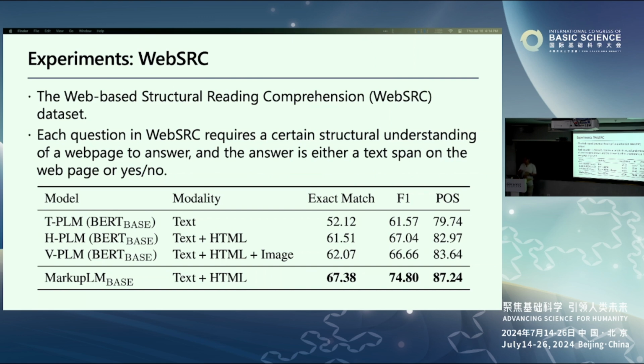Each question requires a certain structural understanding of the web page to answer, like the answer should be from the HTML, or yes or no. Compared with previous work, we only use text and HTML, and we don't need to render the HTML as a visual screenshot. With only text and HTML, after training, we got surprisingly better results compared with the previous methods, which demonstrates our effectiveness.